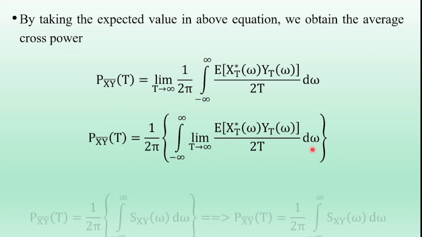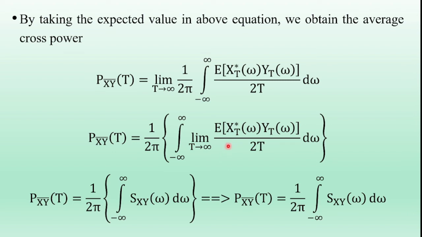This is equal to P_xy bar equals 1 by 2 pi times the integral from minus infinity to infinity of S_xy(omega) d omega, where S_xy(omega) is the cross power spectral density of the random processes X(t) and Y(t), with S_xy(omega) equal to the limit as T tends to infinity of the expectation of X_T conjugate(omega) Y_T(omega) divided by 2T.